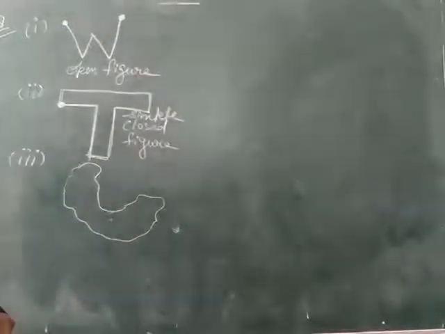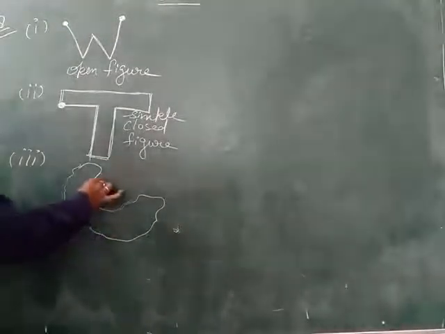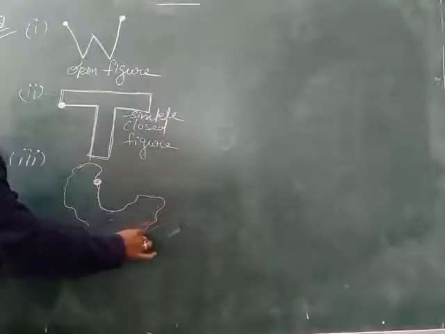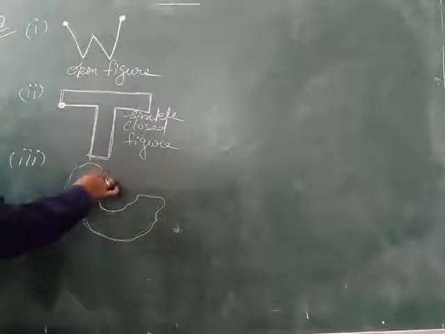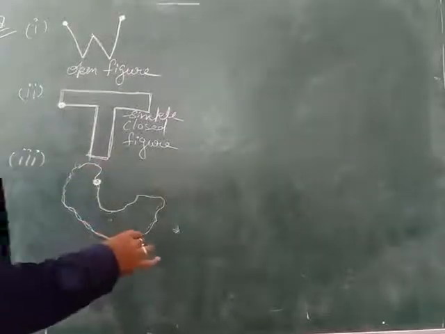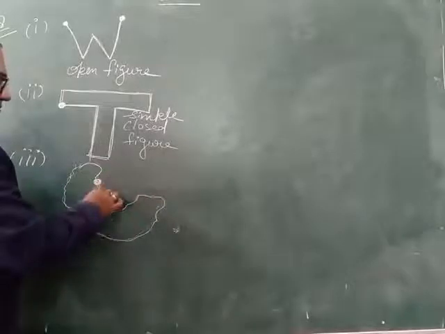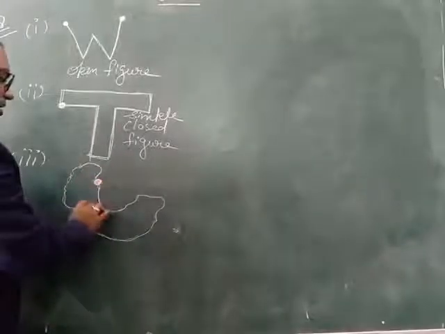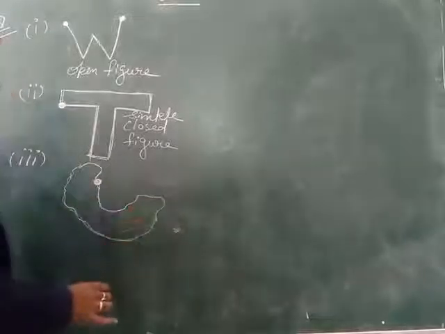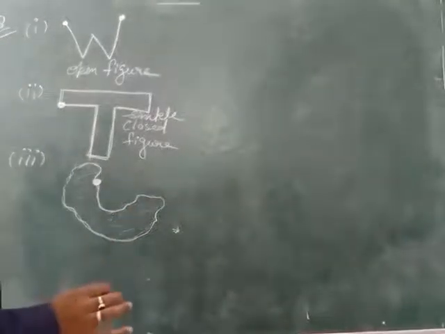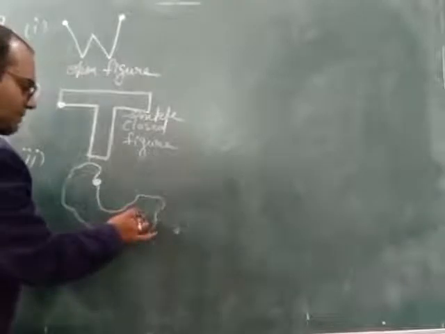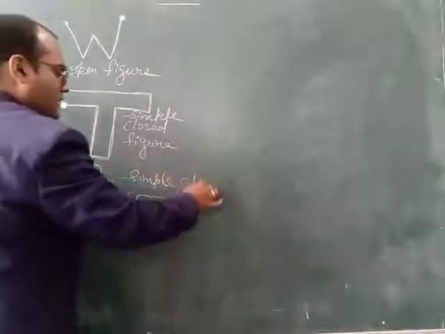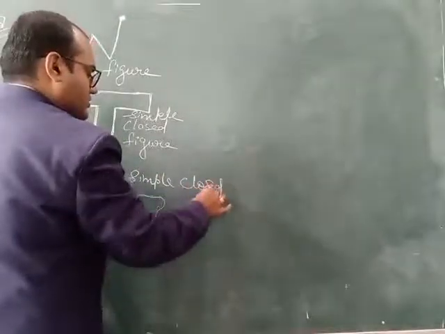If we start from this point, at the end of the figure we will come to the same point, and you will observe that these lines are not touching. That means this is a simple figure. Here you will observe the figure is not cutting itself. Since this is a simple closed figure, we will write it here. This is a simple closed figure.